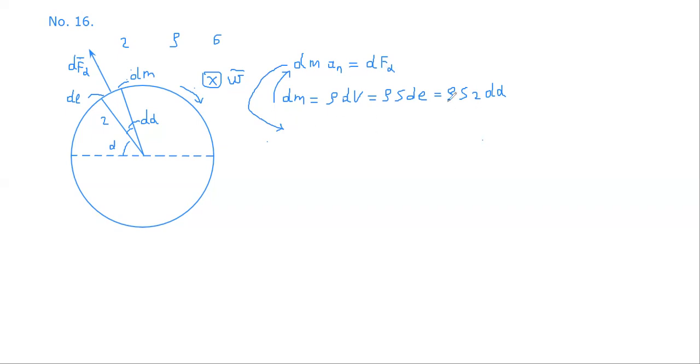According to this, we have df alpha is equal to rho S R a_n d alpha.